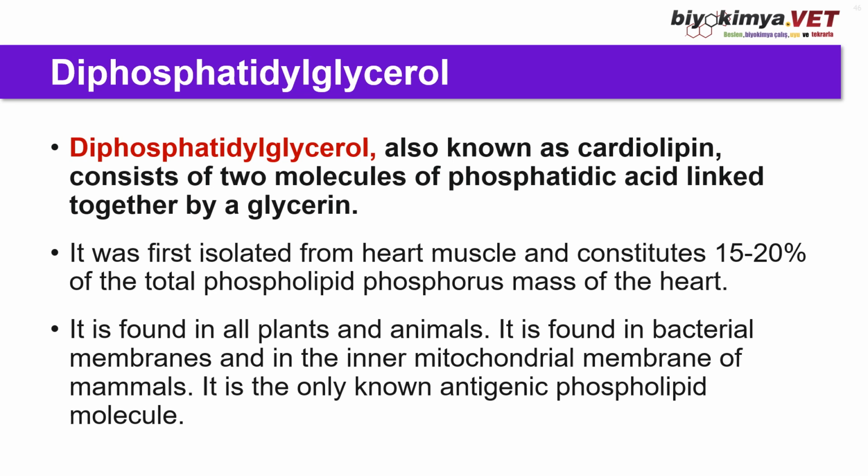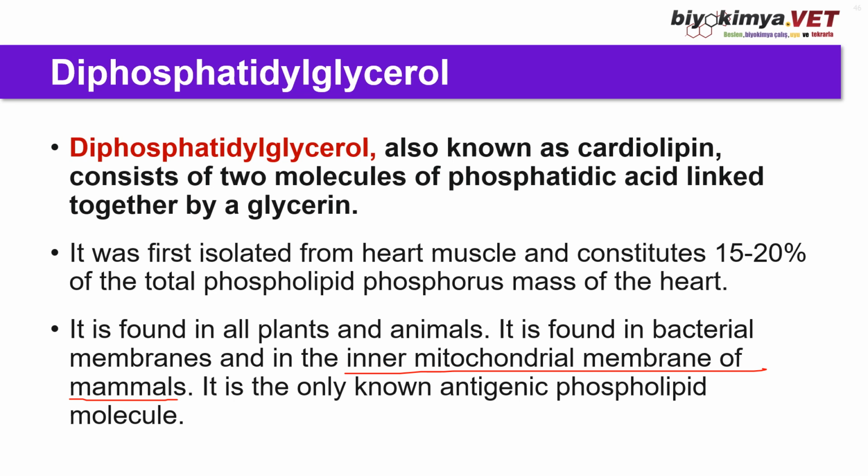It is found in all plants and animals. It is also found in bacterial membranes and the inner mitochondrial membrane of mammals. It is the only known antigenic phospholipid molecule.